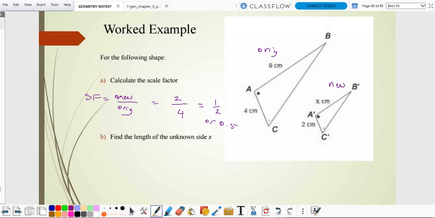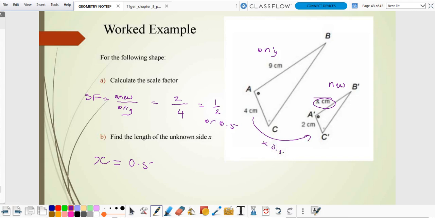Okay, which means that x, this length here, is going to be 0.5 times that length, which is in this case, this one here. Okay, because we're trying to look for this. Okay, so that means to go from 4 to 2, this was multiplying by 0.5.